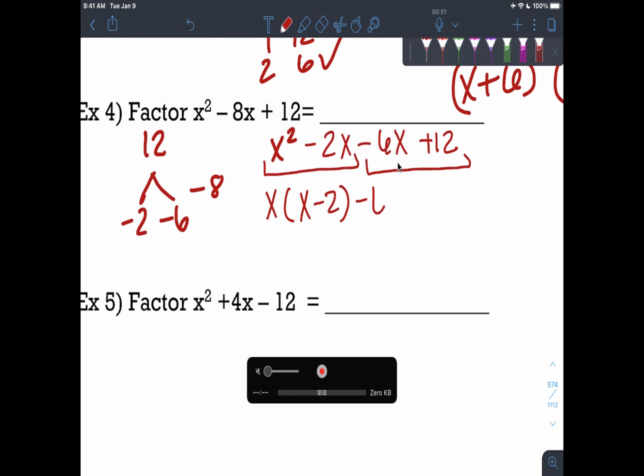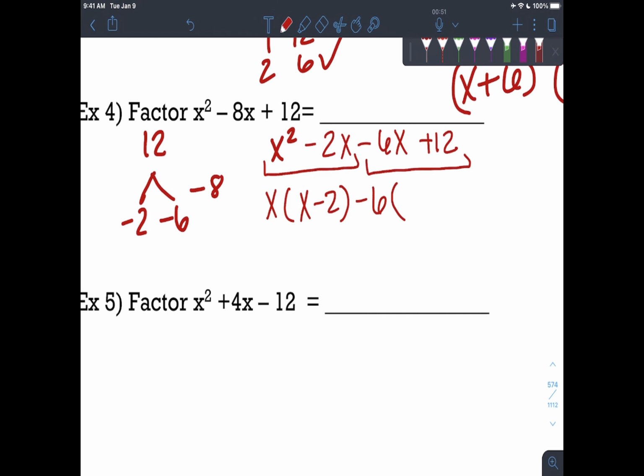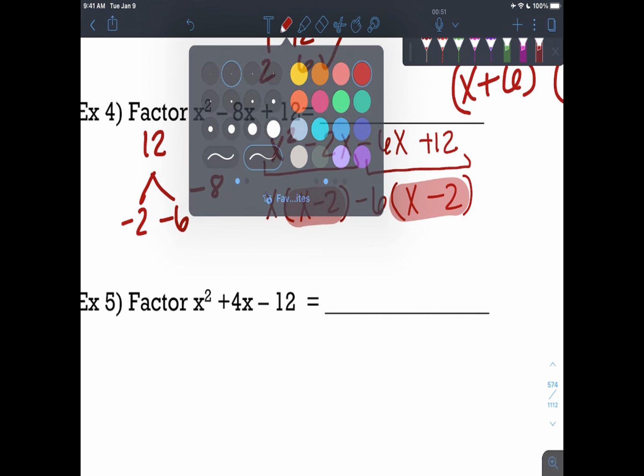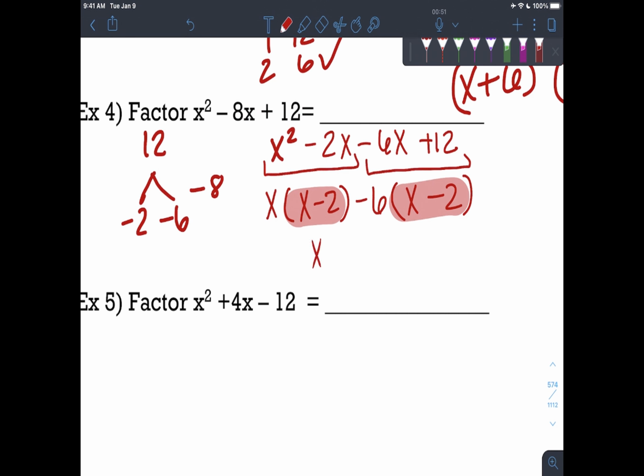So I'm going to pull out a negative 6x, a negative 6, and I'm going to divide every single item by that. I should see exactly the same thing on the inside. And I do. And I do see exactly the same thing on the inside. So I can go ahead and combine my like terms, and I'm now factored.